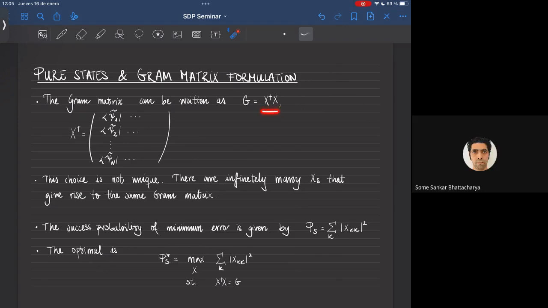I'm sorry, but when you are talking about 2 to the power n cross 2 to the power n elements, that means that you are considering the full basis, right? Yes, but here it depends on how many states you have in the ensemble.